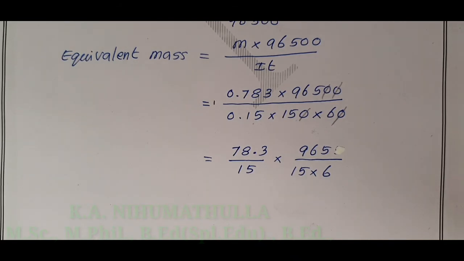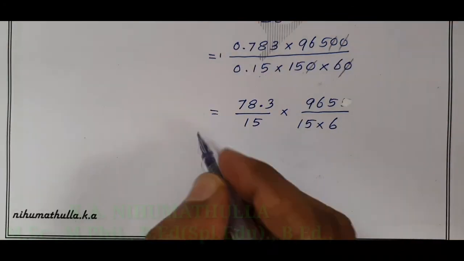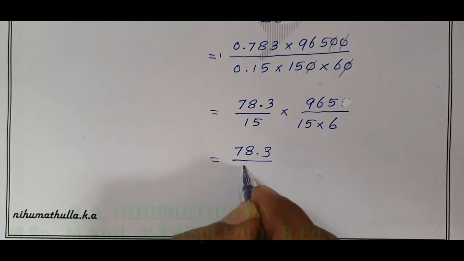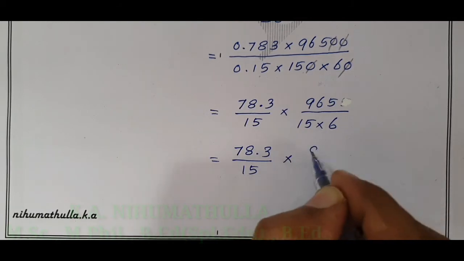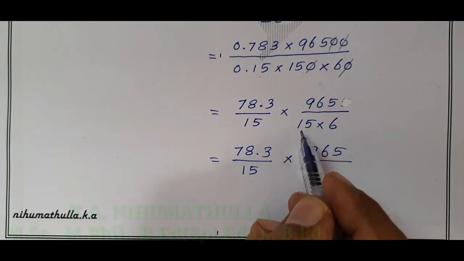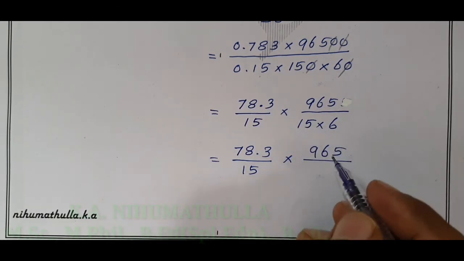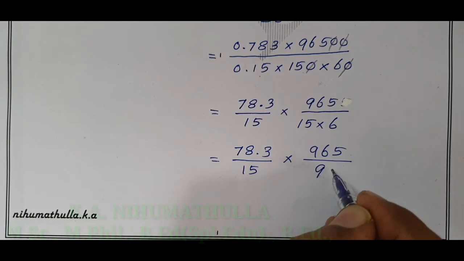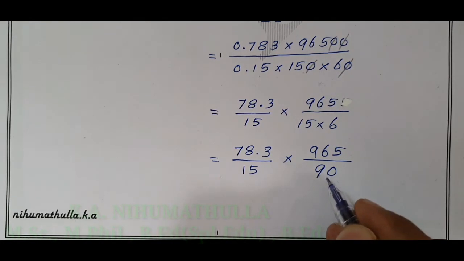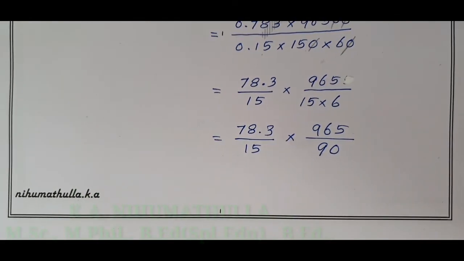Now try to cancel this quantity. So that is equal to 78.3 by 15 into 965 by 6 into 15, which is 90. We can write this value 90 as 9 into 10 for easy calculation. So now we are going to cancel this quantity.